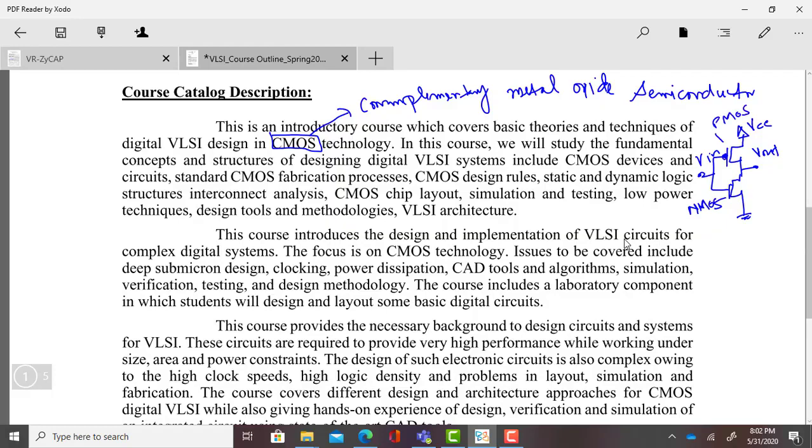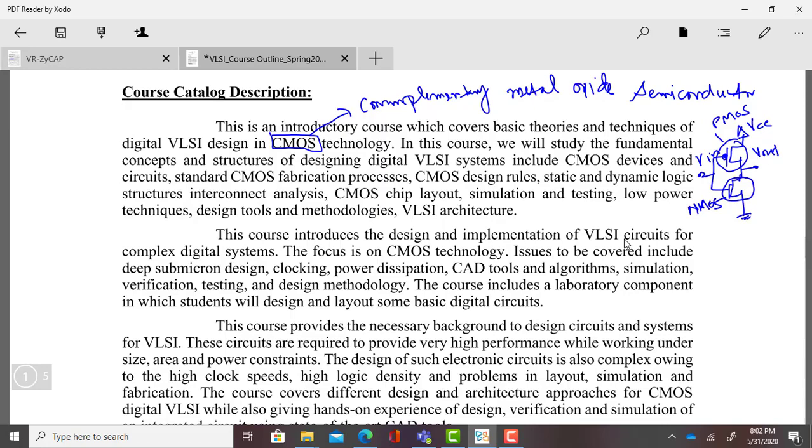PMOS has a bubble here. It's called complementary because it has both P type and N type transistors. How this is a NOT gate and how it works, we will discuss in the course. All the gates in CMOS technology have this nature that they use complementary transistors.